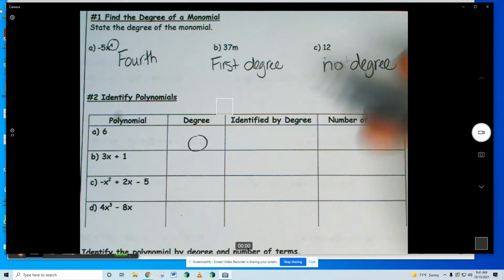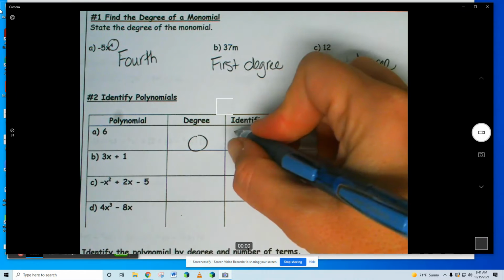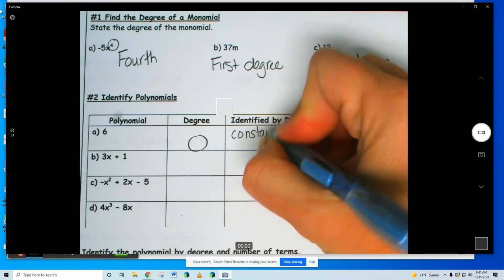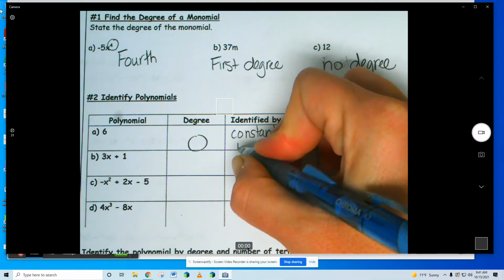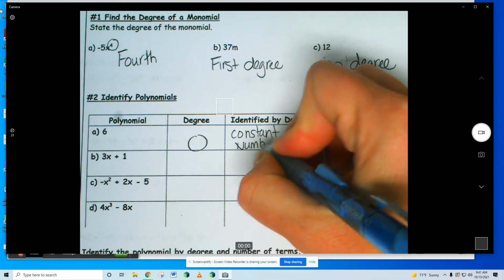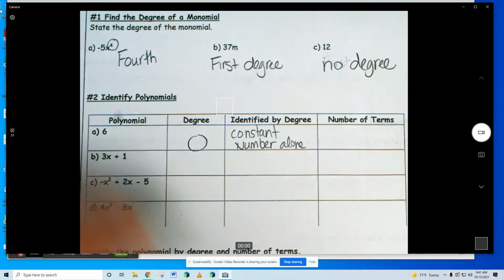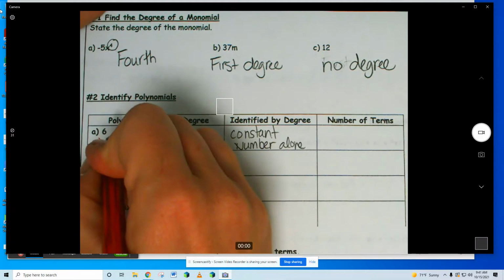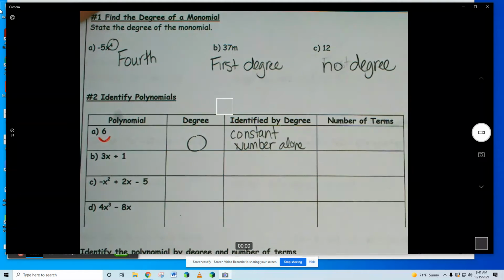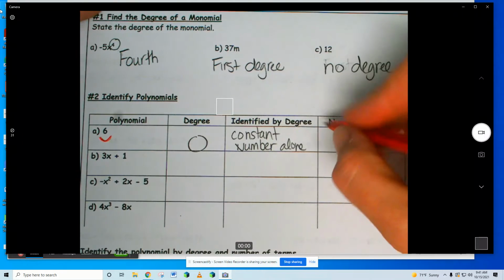Identified by the degree, well, it's just called a constant. It's just a number. A number alone. Number of terms. How many terms are there? Well, you'd have to have something else. I'm at A. 1.